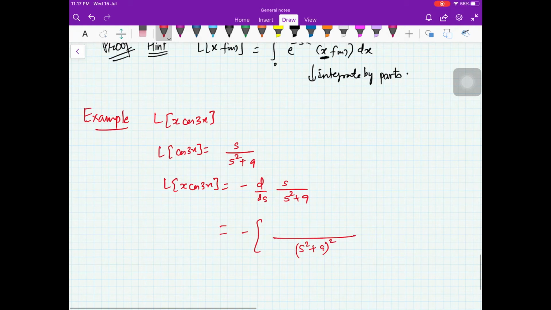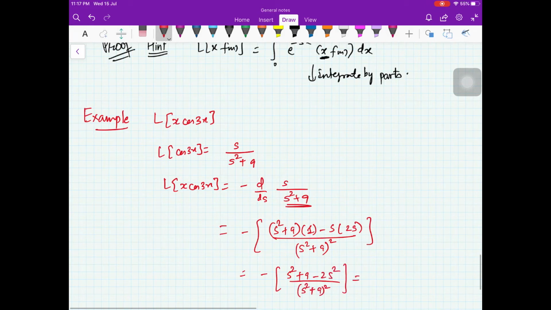So s square plus 9 whole square in the denominator, then you have s square plus 9 into derivative of s, that is 1, minus s into derivative of s square plus 9, that is 2s. So you will get minus s square plus 9 minus 2s square upon s square plus 9 whole square. So this is s square minus 9 upon s square plus 9 whole square.